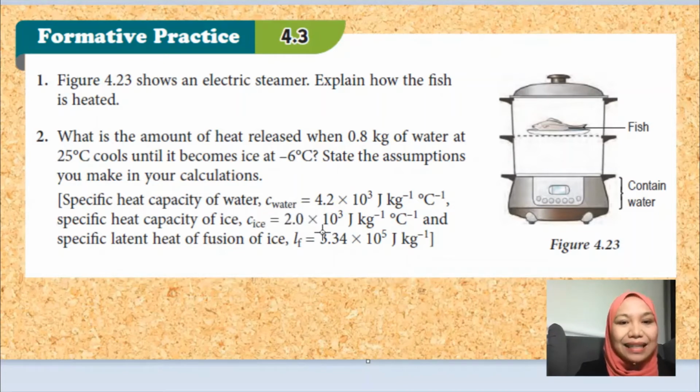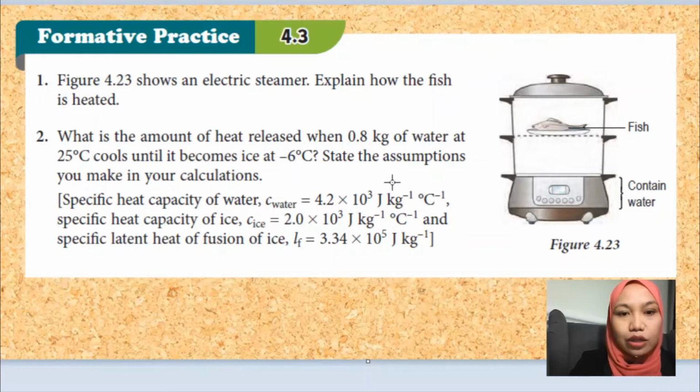Specific heat capacity, if we recall from our previous lesson, describes the energy needed to increase the temperature of 1 kilogram of water by 1 degree Celsius.